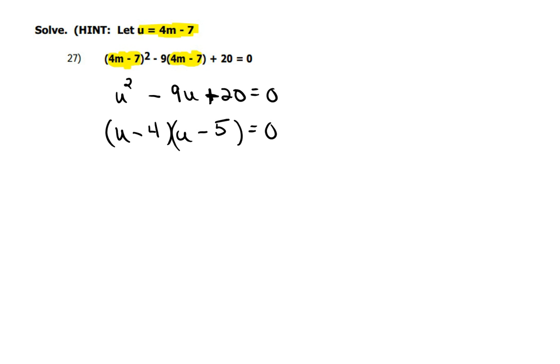And then if the u minus 4 equals 0, then that means that this u right here would have to be a positive 4, because 4 minus 4 would make this thing 0, and 0 times whatever is 0. And then the other u would have to be a 5. Oops, sorry, I meant to put u equals 5.